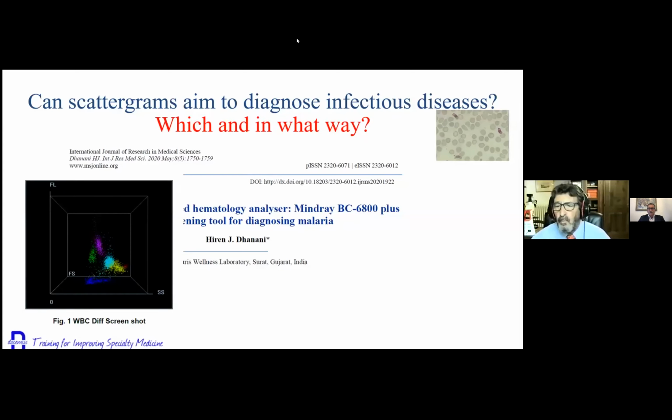In this diff scattergram, infected red blood cells that are resistant to lysis are grouped together with intermediate intensity between neutrophils and eosinophils.